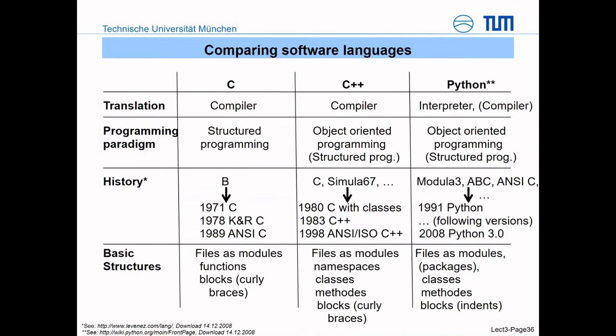Functions are called methods here, because methods are interface access points for the classes, and therefore it's called methods. Also, the blocks are identified with curly braces. And Python is very similar to C++, so that you have this object-oriented style.